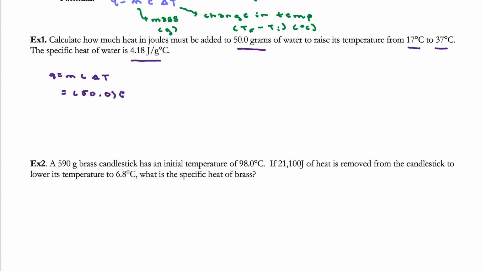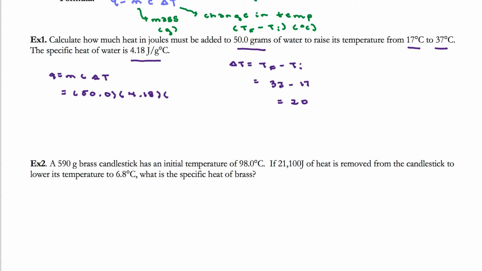I'm told my specific heat is 4.18. Now here's the calculation that I have to do. Remember, your change in temperature is your final temperature minus your initial temperature. So my final temperature is 37 degrees minus 17 degrees. So my change in temperature is going to be 20 degrees Celsius.